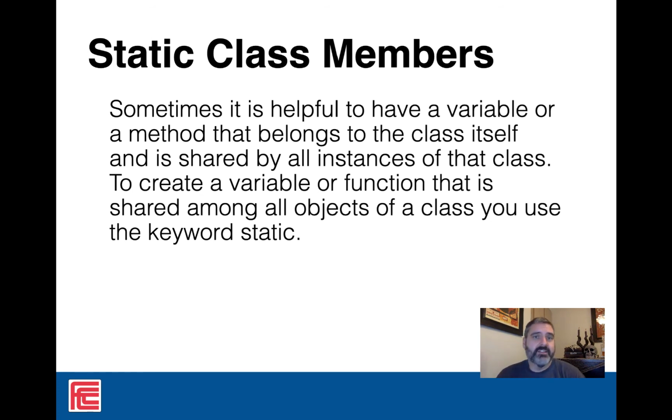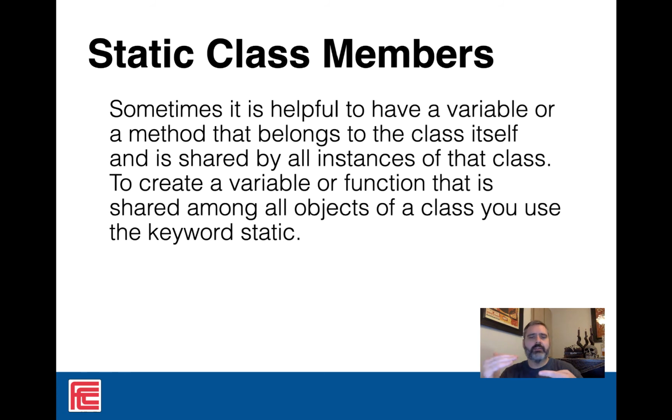Next concept, static class members. So far all the variables we've talked about inside of a class are all associated with the objects inside of that class, right? So again, baseball player versus an actual instance of a baseball player. The baseball player class has member variables like name, position, team, stuff like that, right?